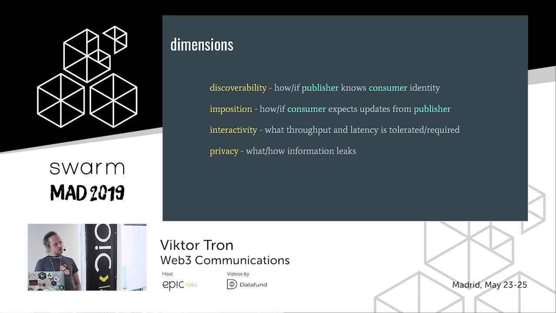There's an important dimension I call imposition, which means whether some communication modality is basically forced on the recipient in a way. It's a bit like advertising, that it's put in your face even if you don't want it. If it's imposable, then basically if you have a public email address, for example, that's imposable in this sense, because you can just spam it with a message. You don't need to know the recipient, the sender, to get an email from them.